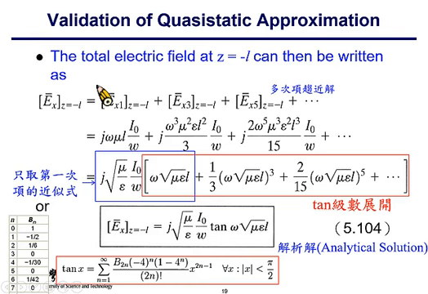So they are referred to as the binomial coefficients. Or tangent. So it's a tangent series.